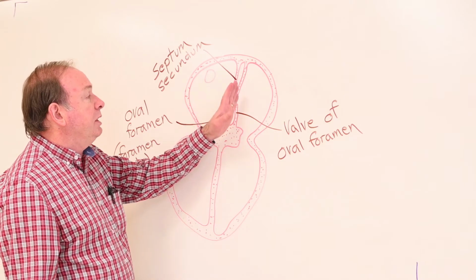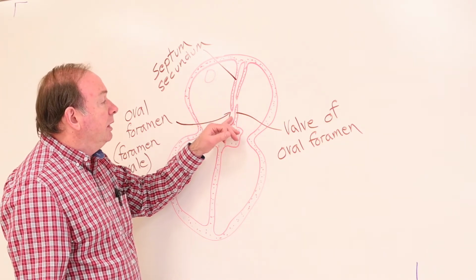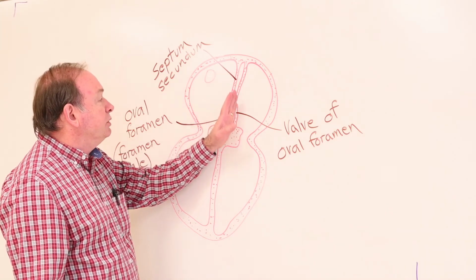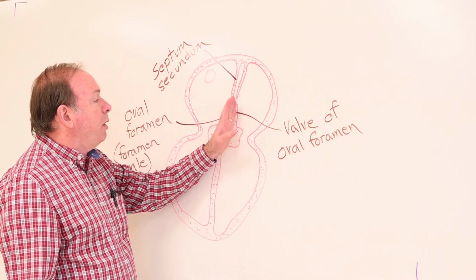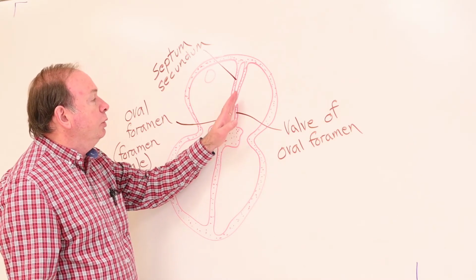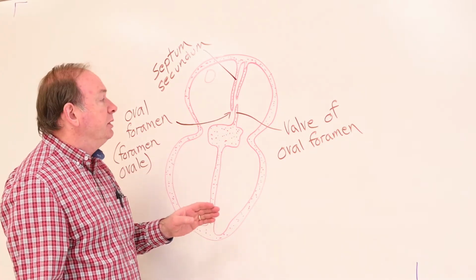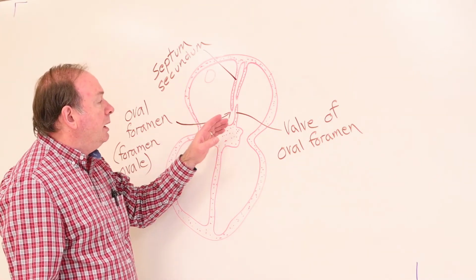The separation of the two atrial chambers is just not quite complete. There's a little bit of a gap between the septum secundum and this part of the septum primum that forms kind of a valve to the opening between the right and left atrial chambers.